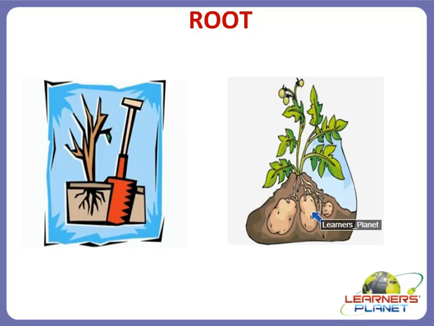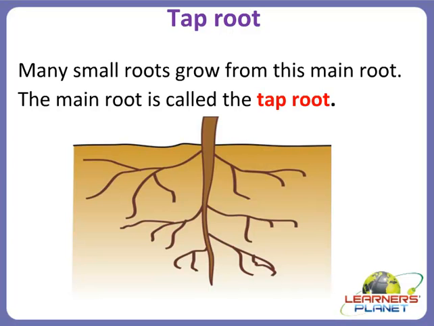So children, they also help in preparing the food. So children, the roots take in water and minerals from the soil and they help in preparing the food. So based on that, there are two main types of roots.